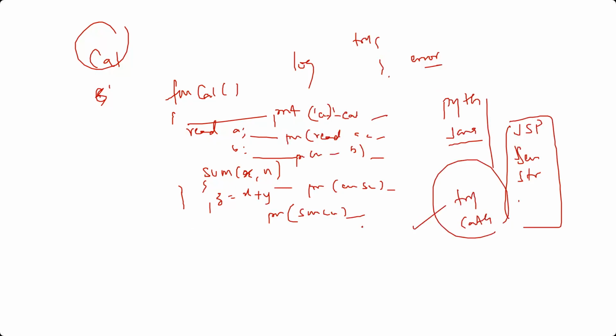Why? Because to understand or detect syntax or semantic issues, you have to run the code, you have to compile the code. Without compiling the code, the try catch block will never run.